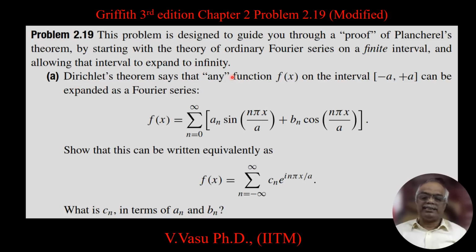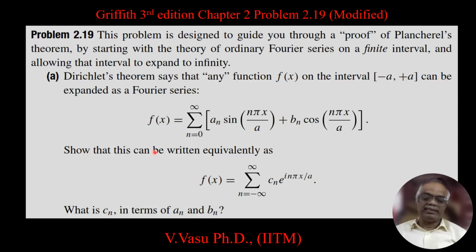Dirichlet's theorem says that any function f(x) on the interval minus a to plus a can be expanded as a Fourier series. f(x) is equal to the summation over n from 0 to infinity of a_n sin(n pi x over a) plus b_n cos(n pi x over a).